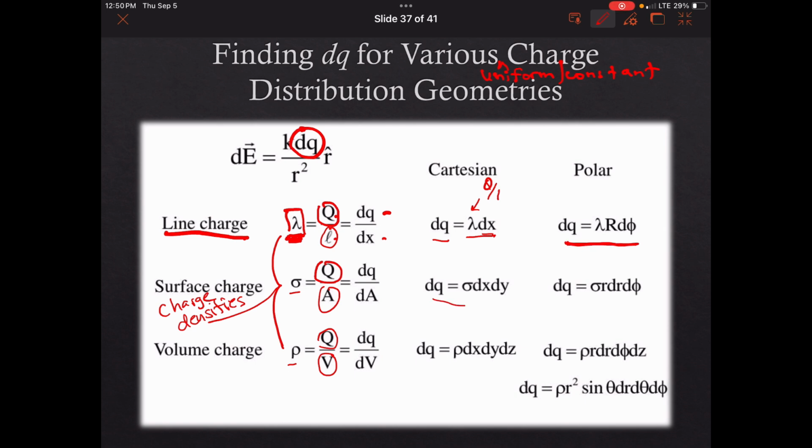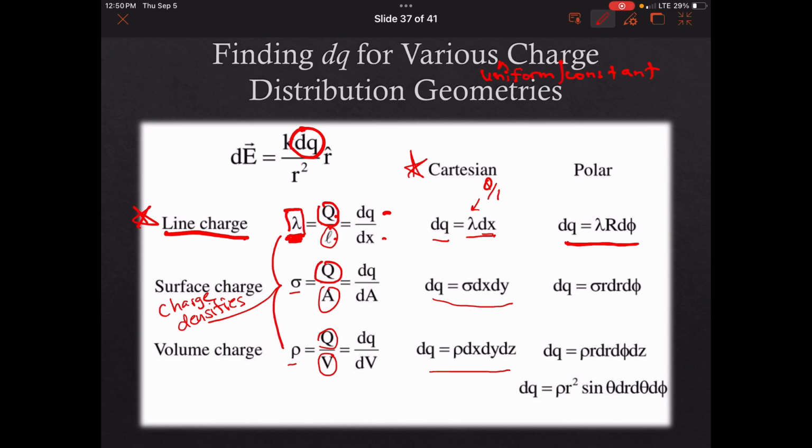If you're dealing with a surface area or a volume, you would translate dq into Cartesian coordinates in this way. Mainly, just focus on line charge in Cartesian coordinates. I didn't assign any homework problems outside of that, so you're totally fine.